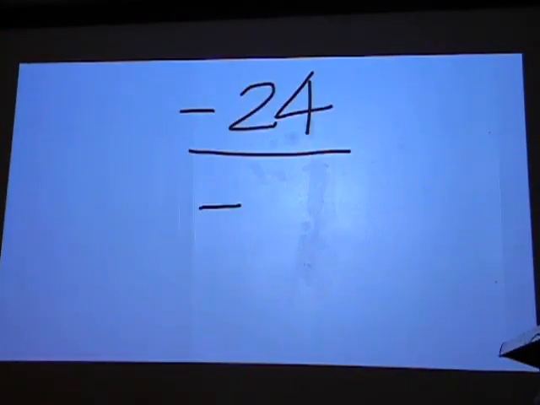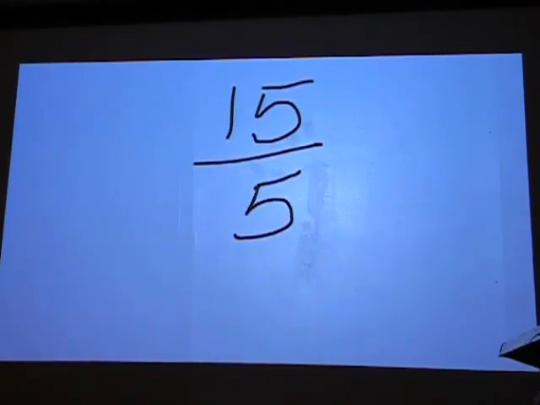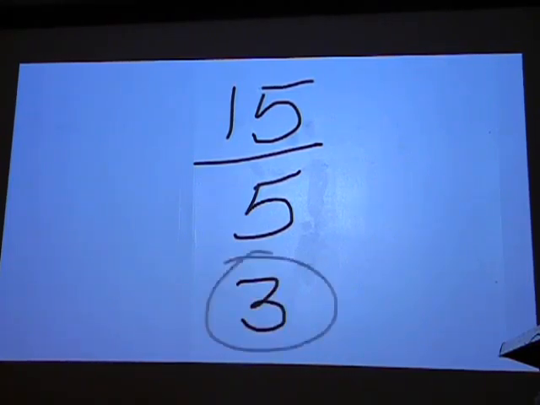What if you have a -24 over a -4? Yes, comes out to be a +6 because the signs are the same. What if you have 15 over 5? +3, signs are the same, answer is positive.